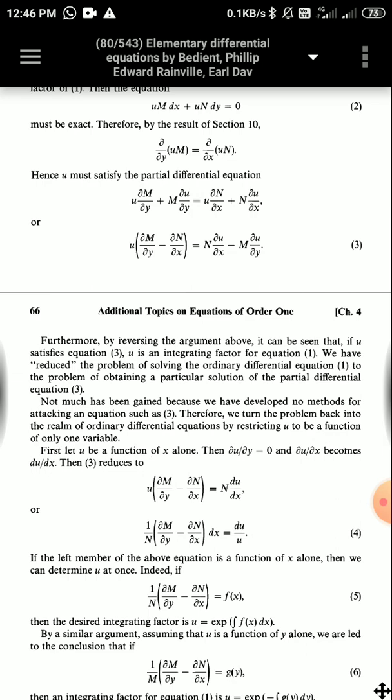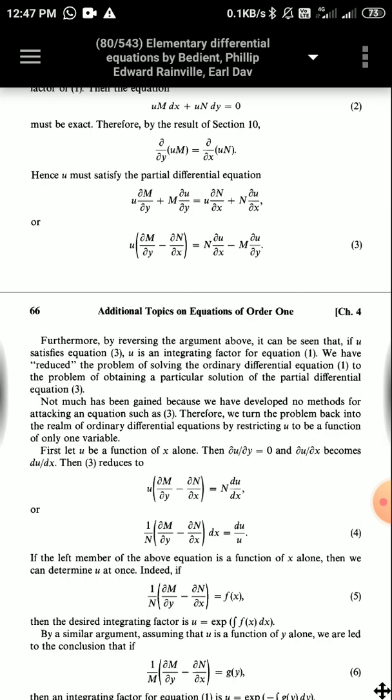Therefore, we turn the problem back into the realm of ordinary differential equations by restricting u to be a function of only one variable. First, let u be a function of x alone, then ∂u/∂y is equal to 0, and ∂u/∂x becomes du/dx. Then 3 reduces to u into (∂M/∂y minus ∂N/∂x) is equal to N into du/dx, or 1 upon N (∂M/∂y minus ∂N/∂x) dx is equal to du upon u.